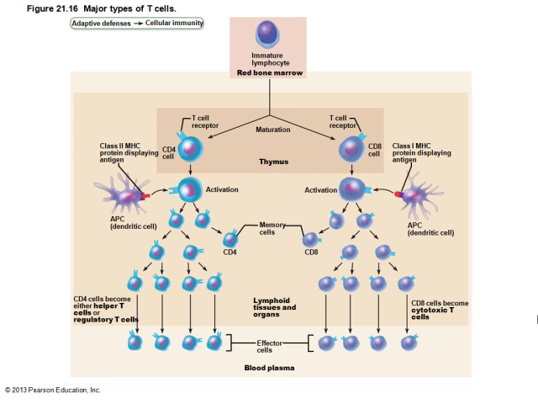These are the guys we talked about with respect to HIV. They're going to help activate B cells, help activate other T cells, help activate macrophages, and they're going to direct the whole adaptive immune response.